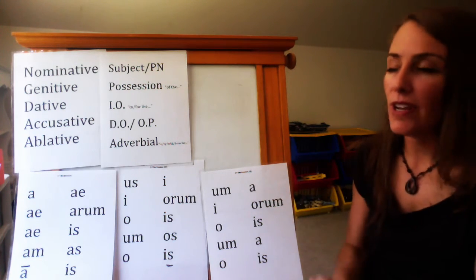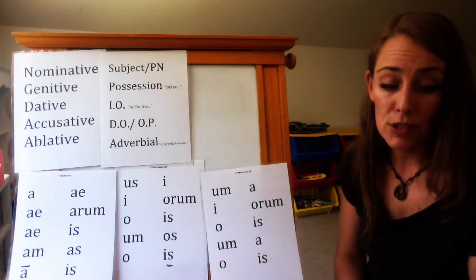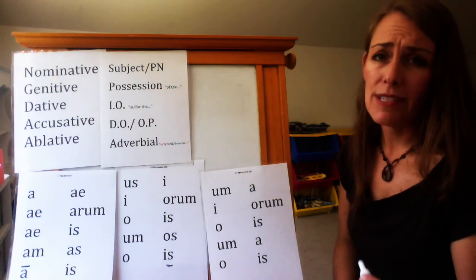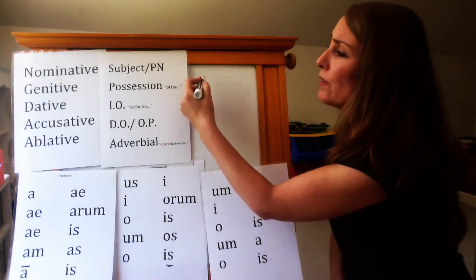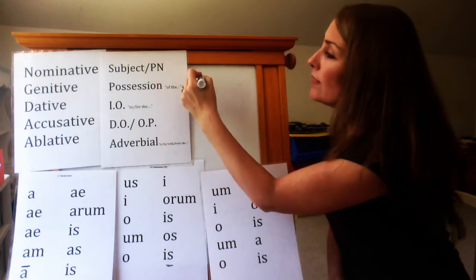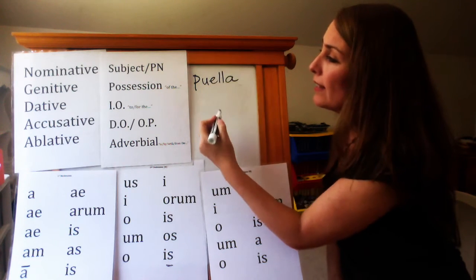All right, you want to make sure you have all those endings memorized. Now, let's talk about how we would actually form a noun. Remember, we talked about how nouns have stems and endings. Now, if we were given the word, let's say the word for girl, which is puella.